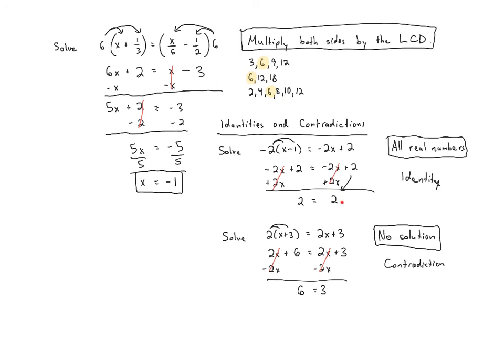You can't just stop at 2 equals 2 or 6 equals 3 and circle that as your final answer, because that's not a final answer. When you're asked to solve an equation, you're asked what values of the variable are going to work and make it a true equation, and the answers here are all real numbers. Any number will make this first one true, and no solution, no value of x will make it true.